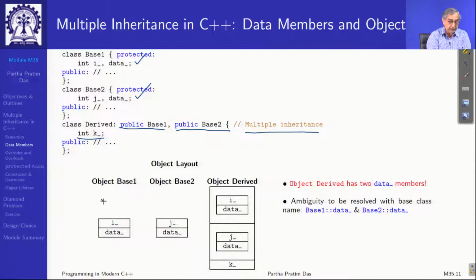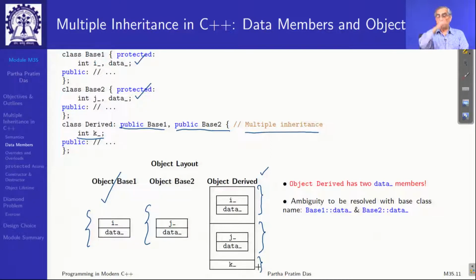So, if I have a Base1 instance, it will clearly have i_ and data_. If I have a Base2 instance, it will have j_ and data_. And if we have a derived class instance, it will have a Base1 instance, a Base2 instance, and its own data members.